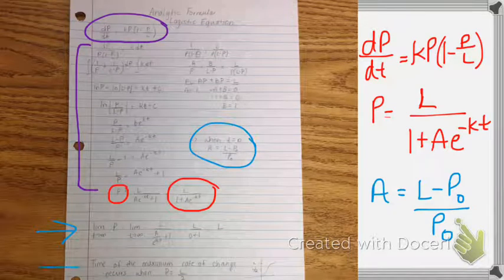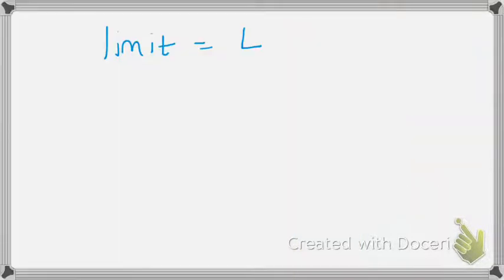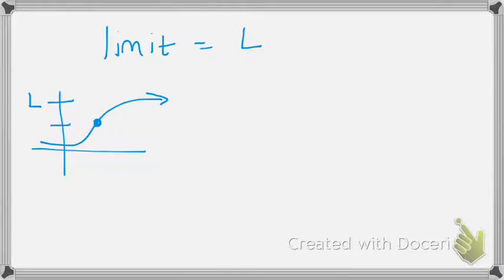And this down here talks about when the maximum would occur. In the rumor problem, that's whenever the rumor is spreading the fastest. Well, since the graph of it looks kind of like that, it would be increasing the fastest in the middle. If this is L, because that's what it's approaching, then this has to be L over 2.